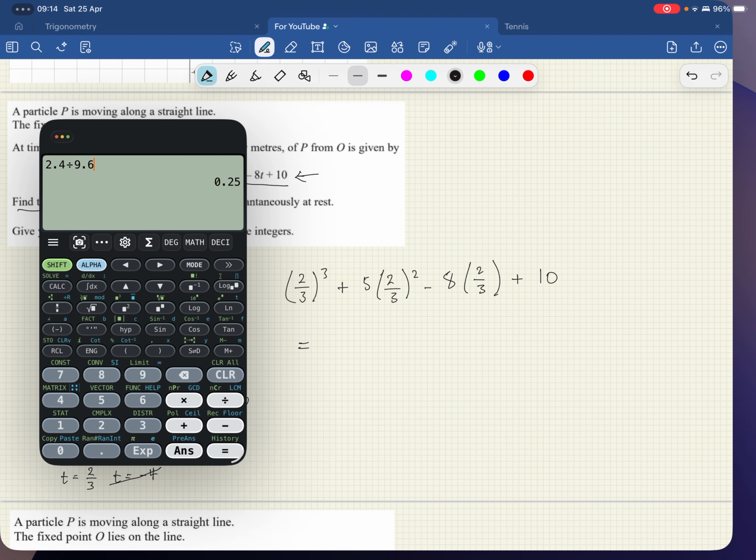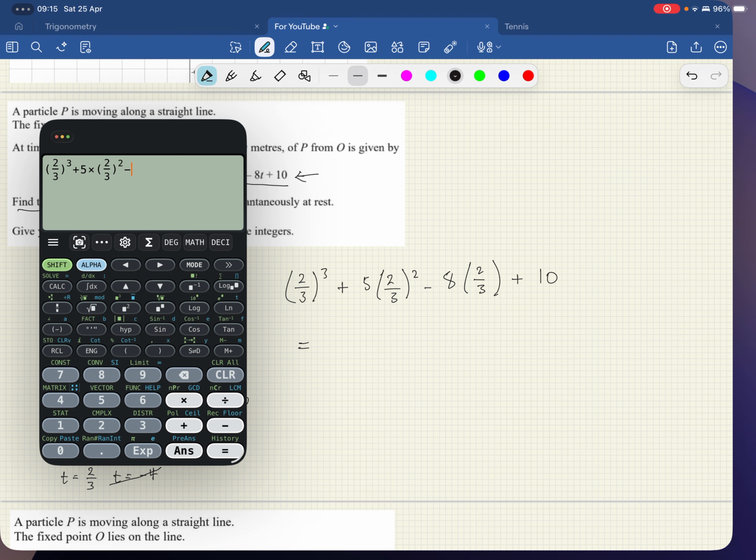So we're looking at 2/3, but we want that cubed, raised to the 3, and then we are adding 5 times 2/3 squared, and then what are we doing?